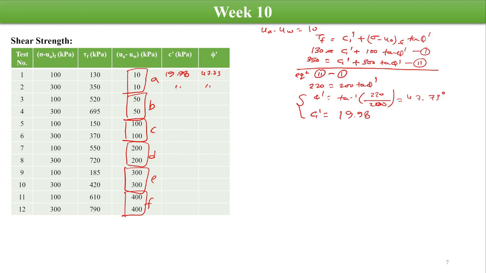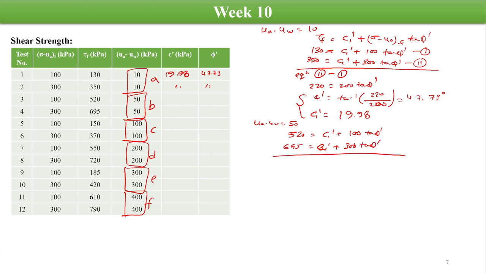Then we'll go to the second set of equations and write ua minus uw is equal to 50. For that, if we solve, the first equation will be 520 is equal to c1 dash plus 100 times tan phi dash. The second one is 695 is equal to c1 dash plus 300 times tan phi dash.